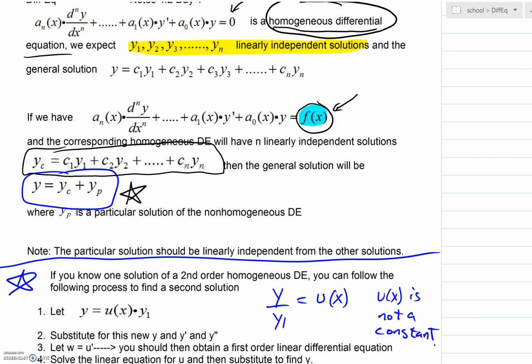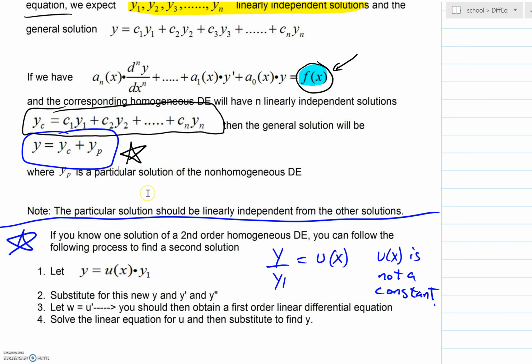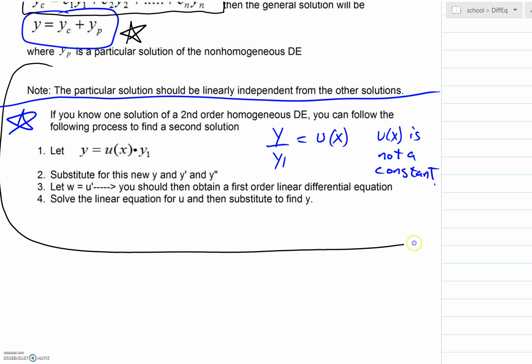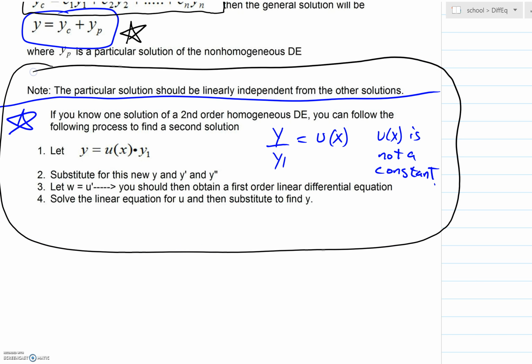And then we could say that the most general solution would be y equals y sub c plus y sub p. Well, what we're about to do today, just having this little bit of an introduction, is a super short video just as an introduction. The particular solution should be linearly independent from other solutions.